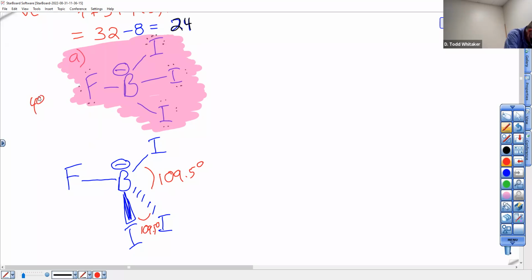4 sigma bonds. That's not 4 degrees. No. 4 sigma bonds plus 0 lone pairs equals 4 equals sp3. Got it?